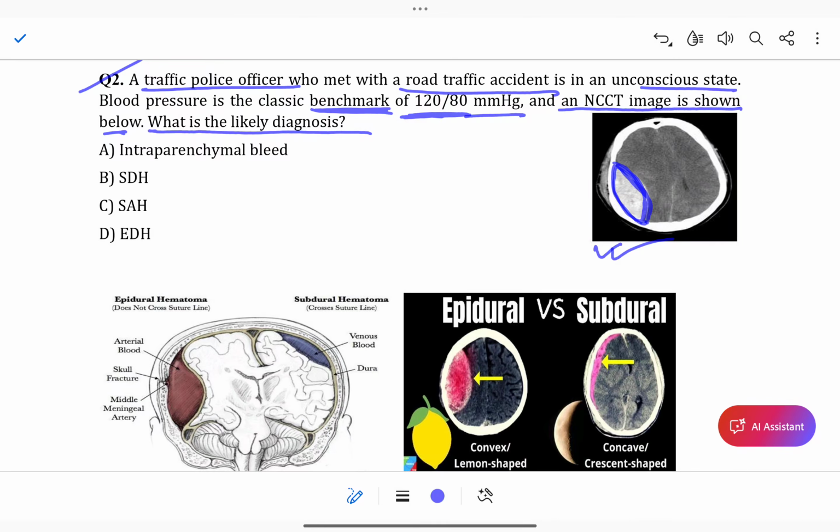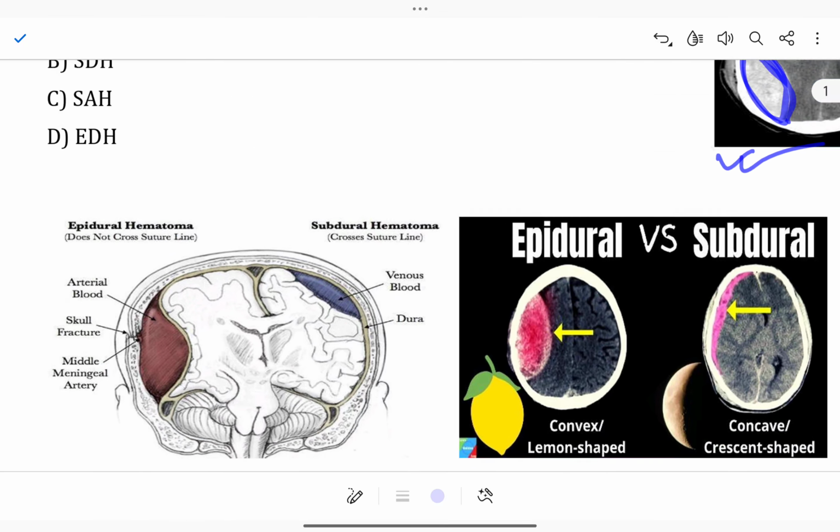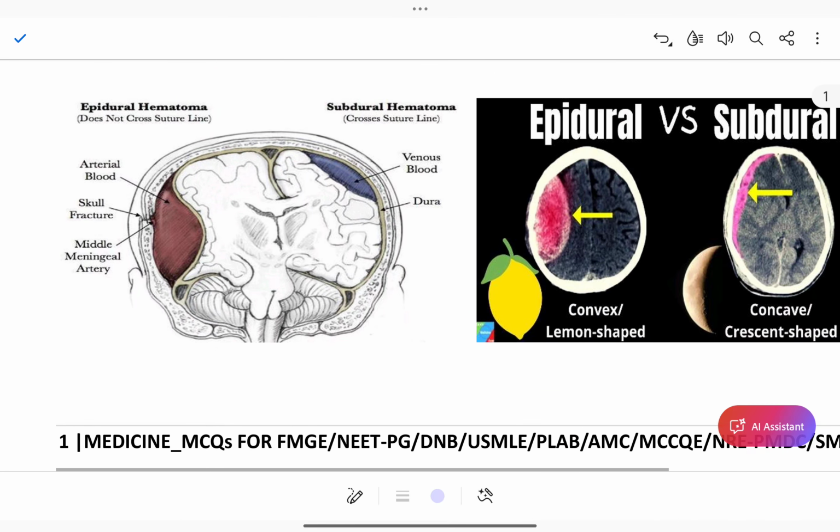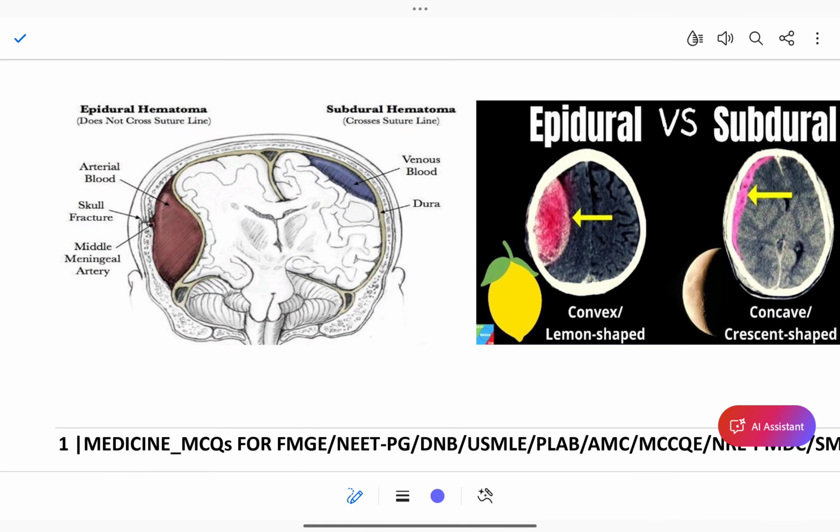First of all, I will tell you a few important points and then we'll come to the question. This part is epidural hematoma, and this part is subdural hematoma. Subdural is venous blood, and epidural is arterial blood, red or bluish in color.